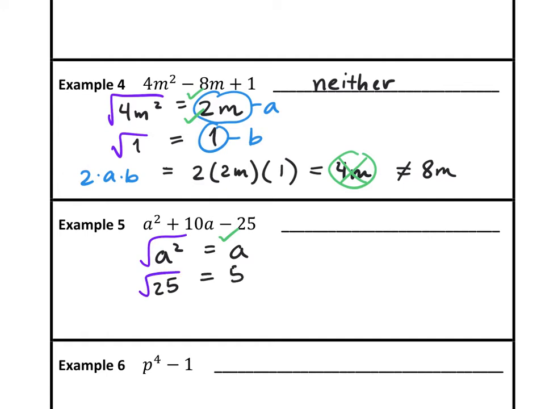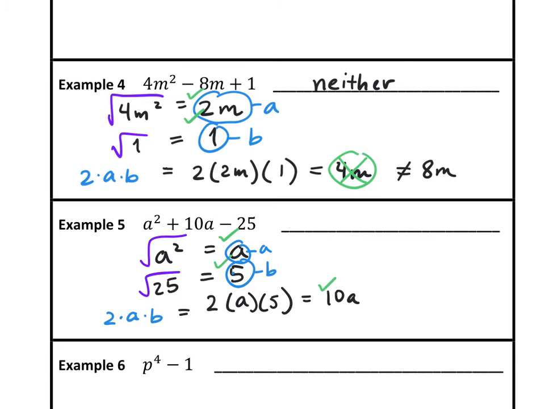It's 5. Check. Okay, and let's check the middle term. 2 times a times b. Oh, sorry, this is like my a, this is my b. So it's 2 times a times 5, which is going to give me 10a. So this matches.